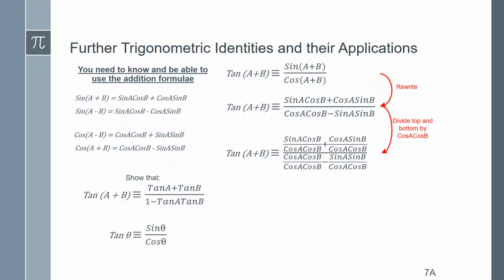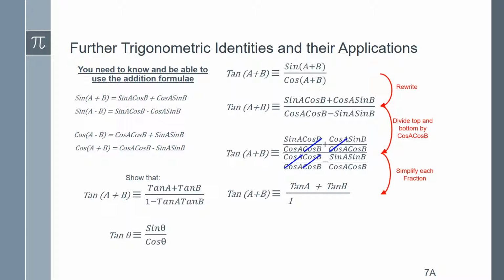But by doing that, lots of things cancel out. We can see that the cos B's cancel there, so we're left with sine A over cos A, but that's tan A. The cos A's cancel there, so we're left with sine B over cos B, well, that's tan B. Cos A cos B over cos A cos B in the denominator all cancels out, we're left with just 1.